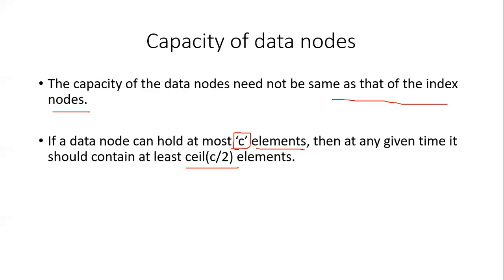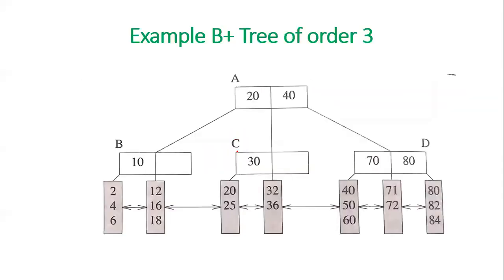Index nodes are nodes other than the data nodes. If the capacity of the data node is C, that is, C is the upper bound, then at any point of time it should have at least ceil of C by 2 elements. Fine, I think it's clear.